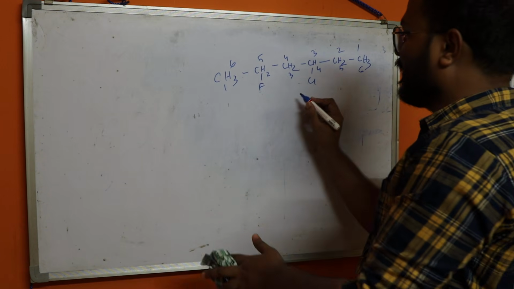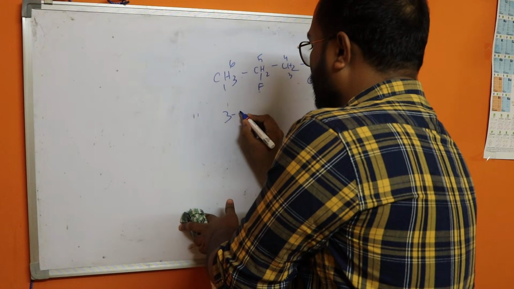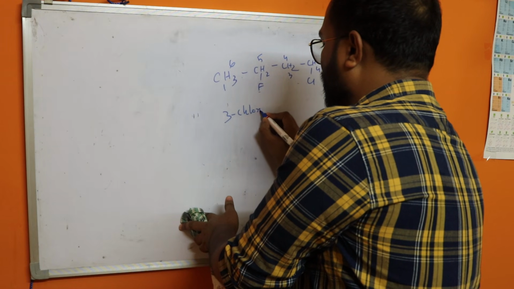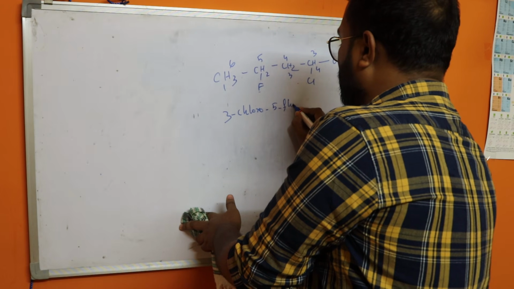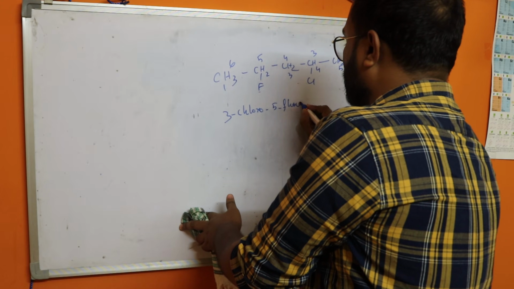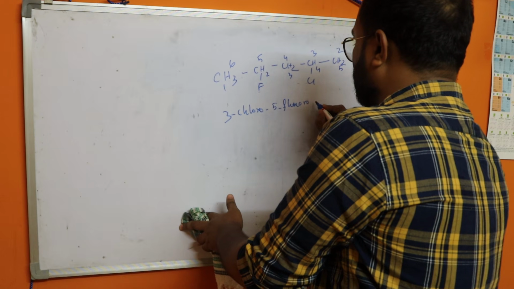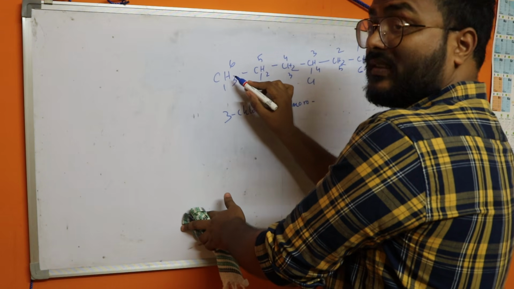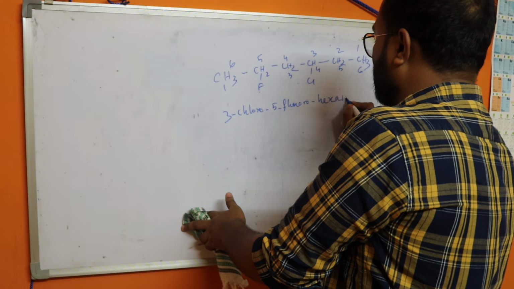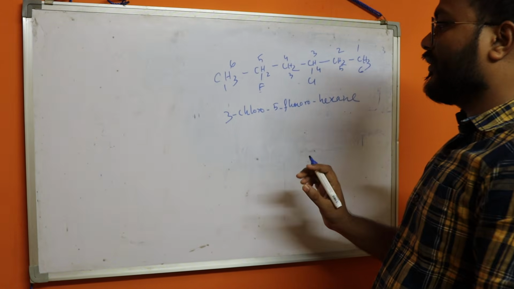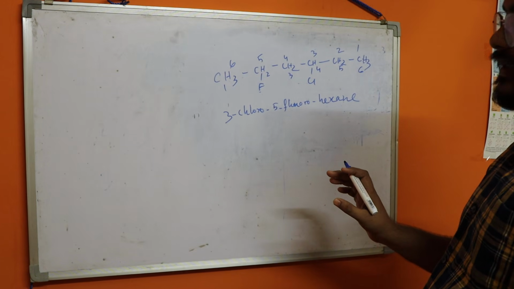So the name will be 3-chloro-5-fluoro, and there are 6 carbon atoms, so it will be hexane. In this way we need to do the IUPAC nomenclature.